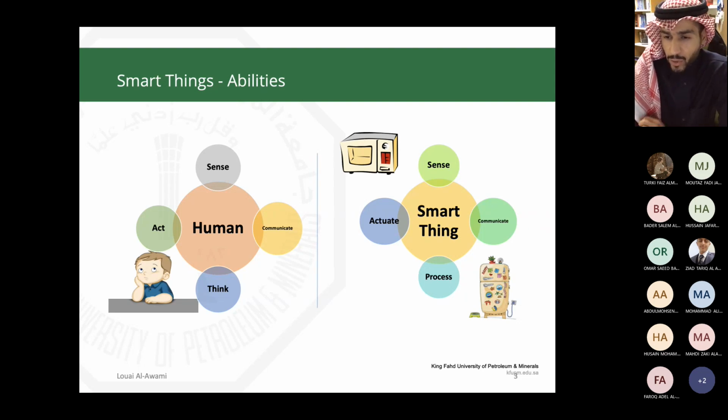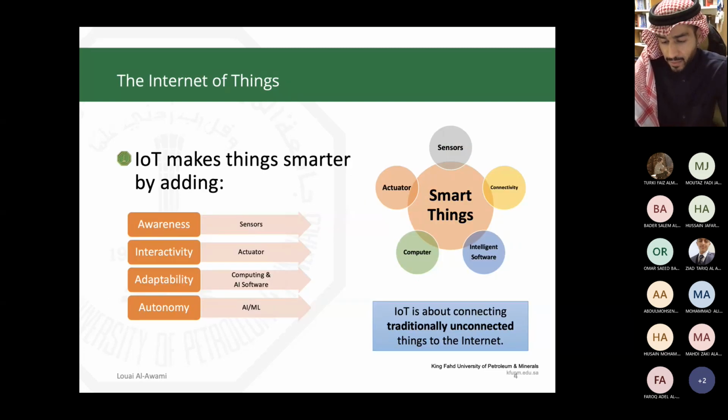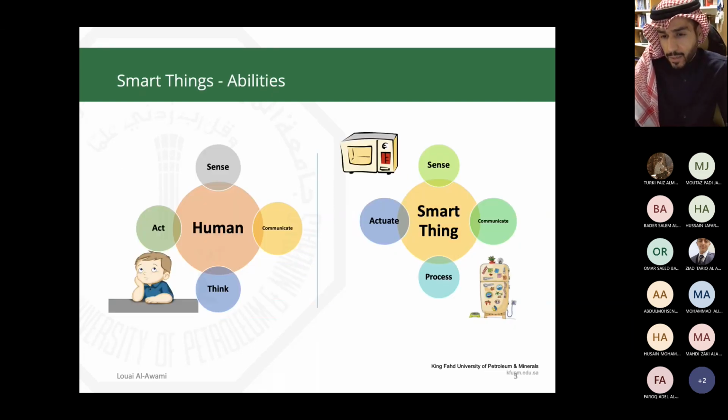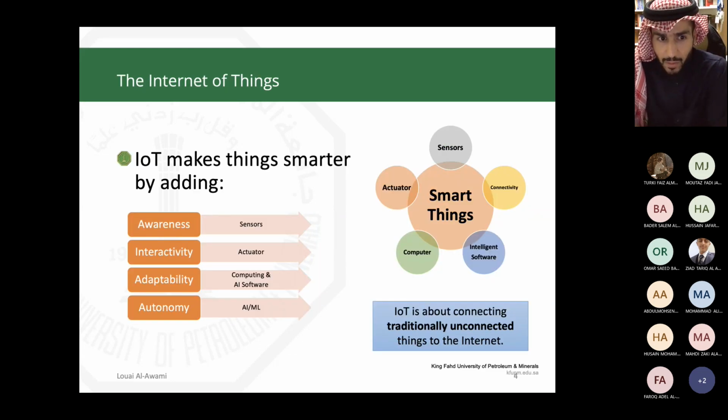A car can talk to another car. So you can warn another car about an accident that's about to happen, or that you're going to stop suddenly, something like this, all using communication. So these again are the pillars of the Internet of Things.